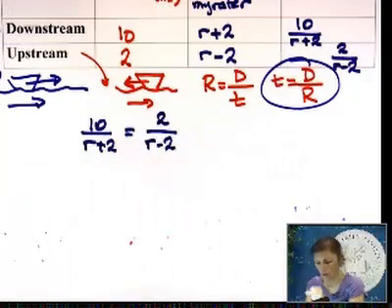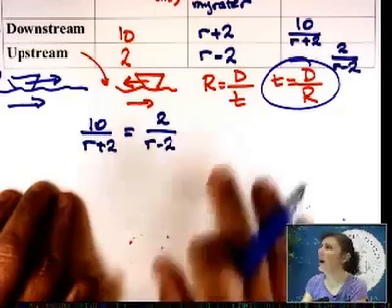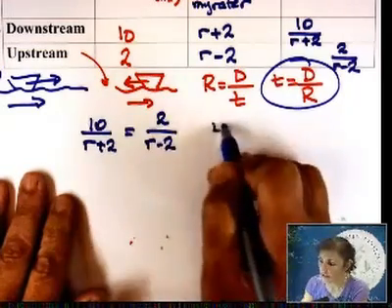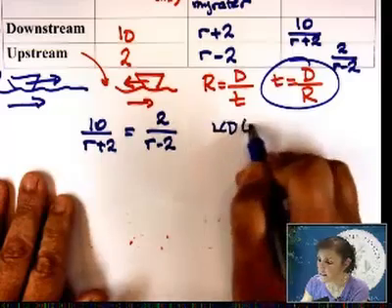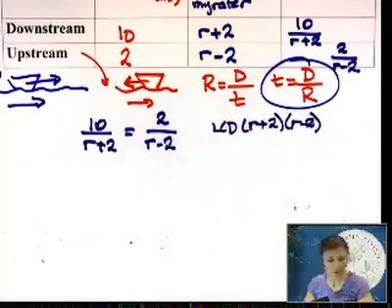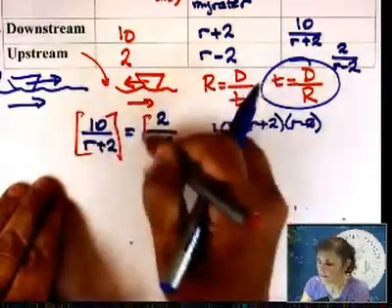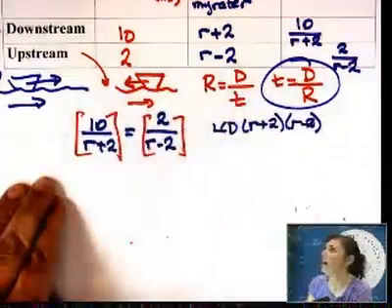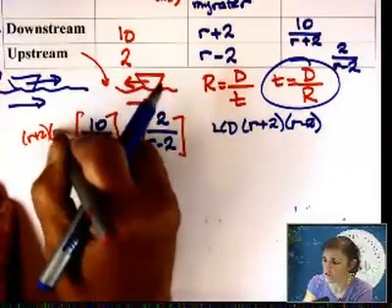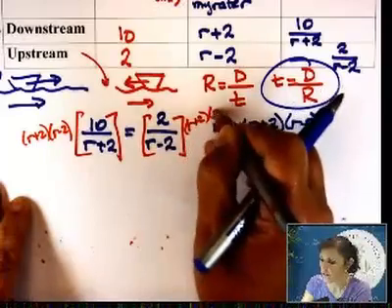And guess what? I have now a rational equation. What is my LCD? My LCD is R plus 2, R minus 2. What was I used to do? You just simply put your brackets and multiply by my LCD, R plus 2, R minus 2.